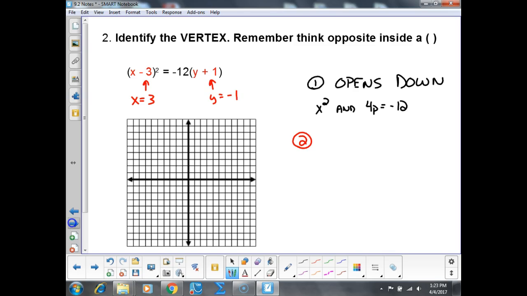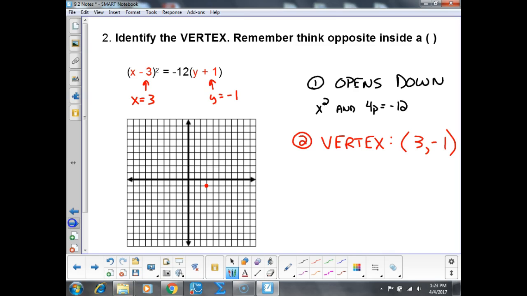So my vertex here is at the point 3, comma, negative 1. With me so far?